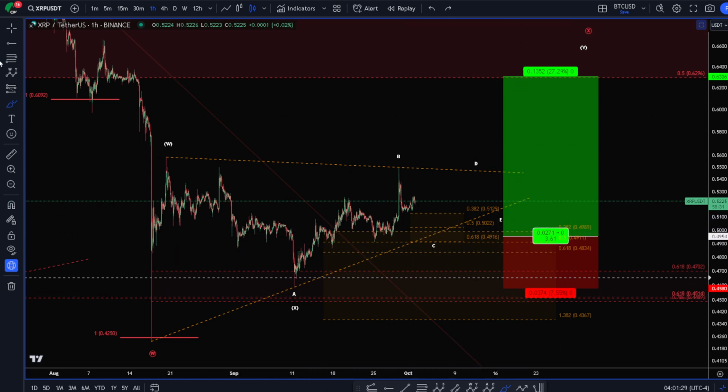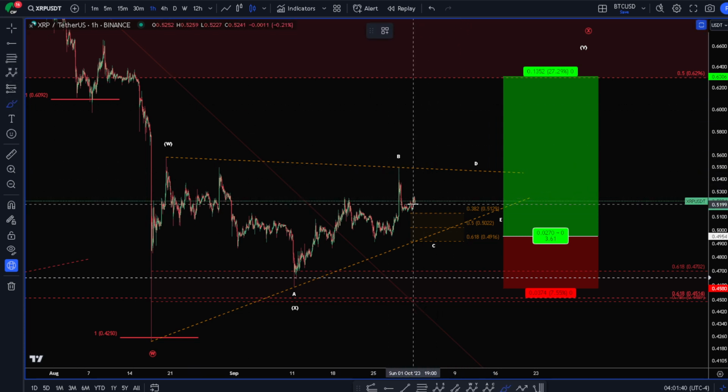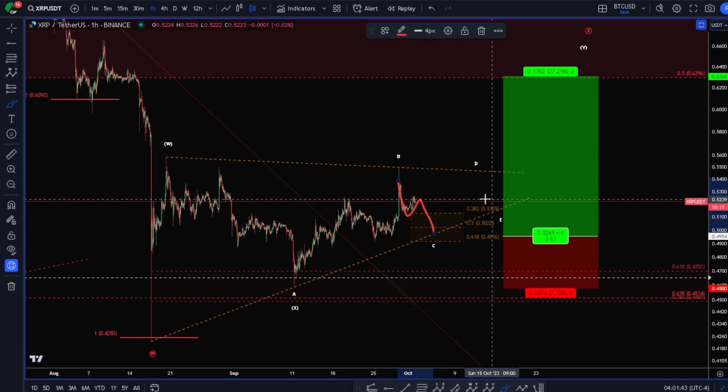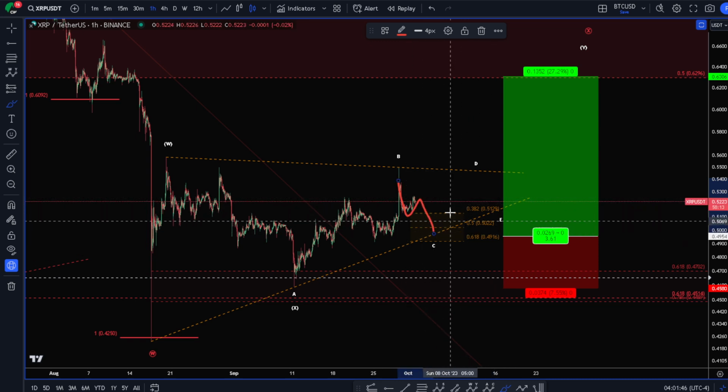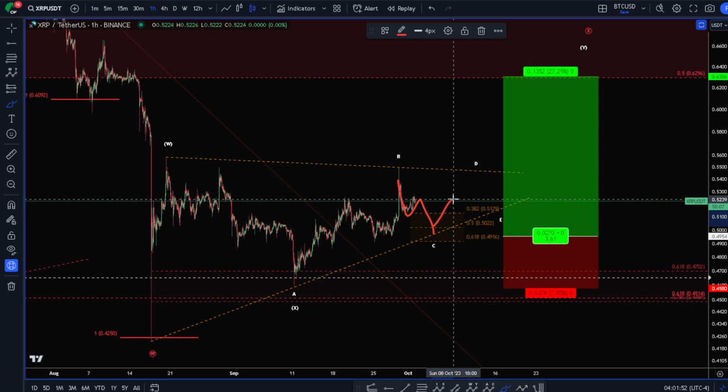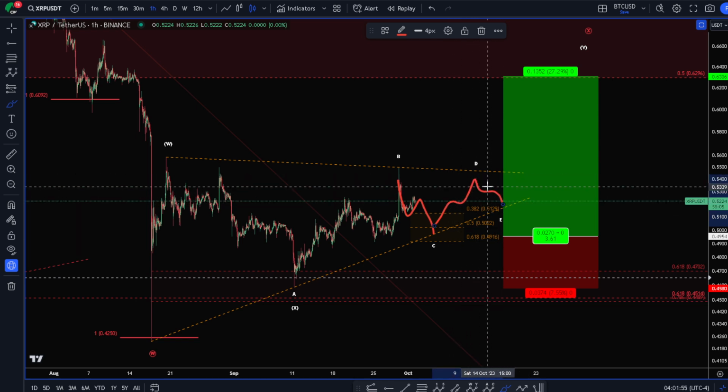So I'm right in between the 382 and the 50 at the moment. So as of right now, if we get that C wave, expect this to turn into a zigzag here, and I'll look to add my third entry right around this area, probably at the 50, before this D and E if the triangle plays out.